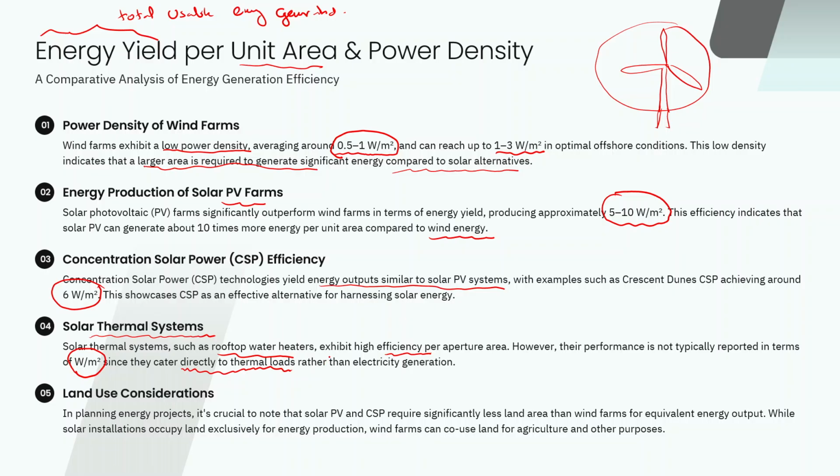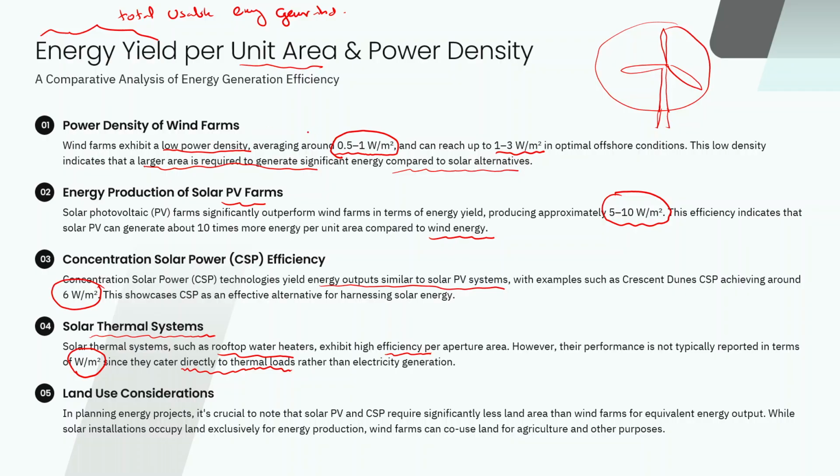And so this energy per unit area, or the power density, will also give an idea on how much land you need to get a certain energy output, or certain power output of the system, right?